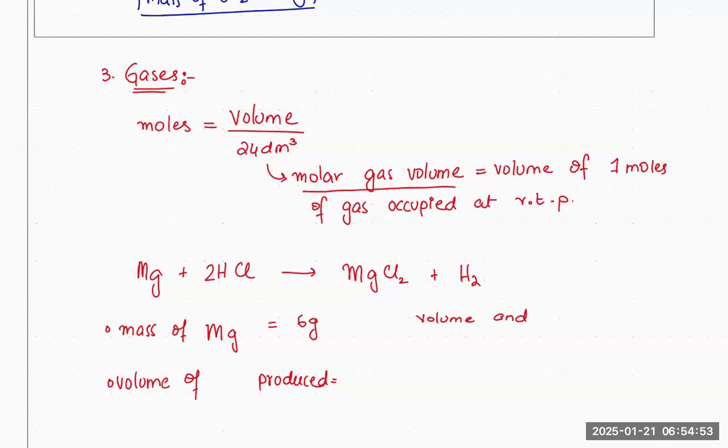The volume of HCl that we're using is 25 centimeter cube, let's say. And the concentration that we're using is, for example, let's take 0.2 mole per dm cube. Okay, you have to find the volume of hydrogen gas produced.